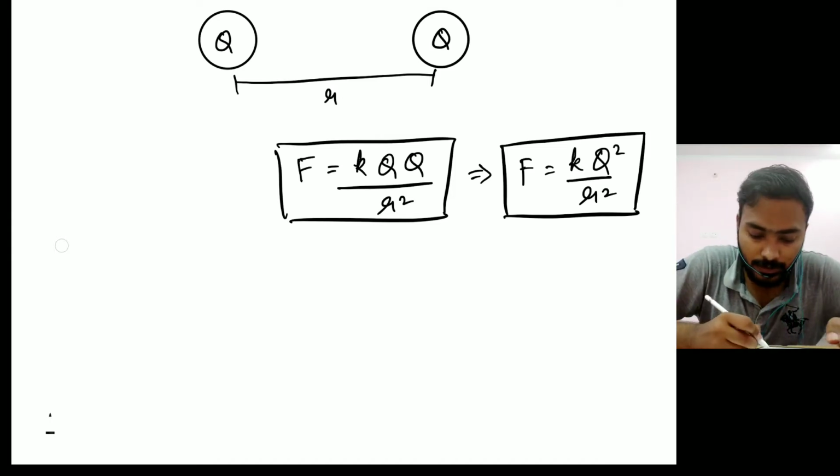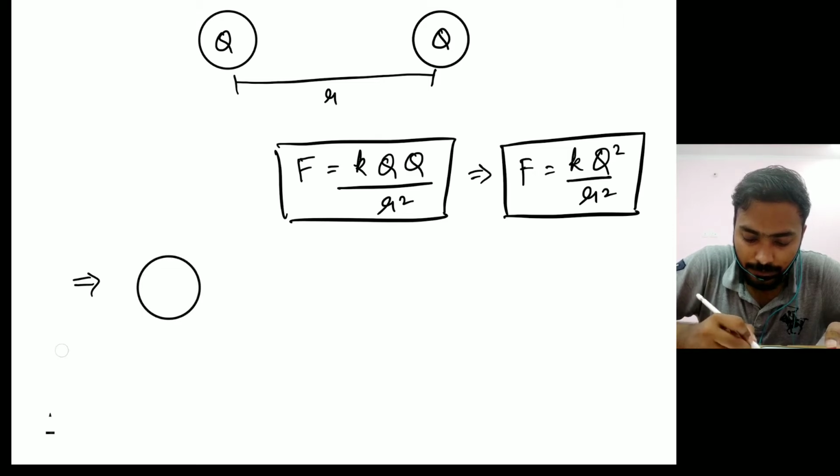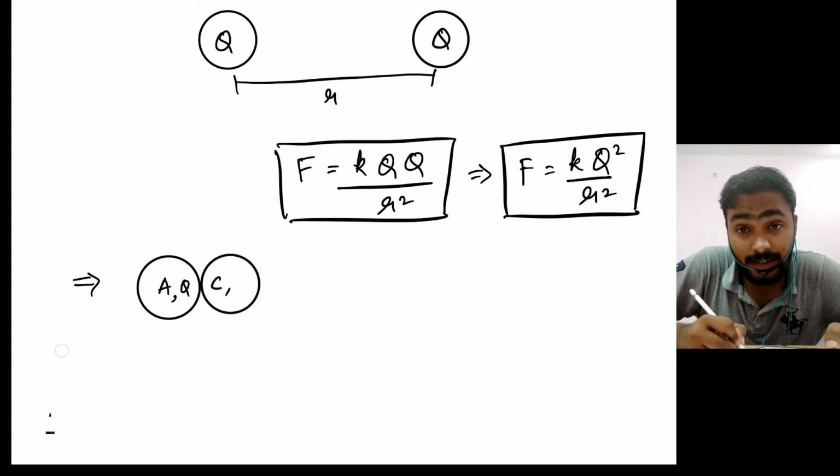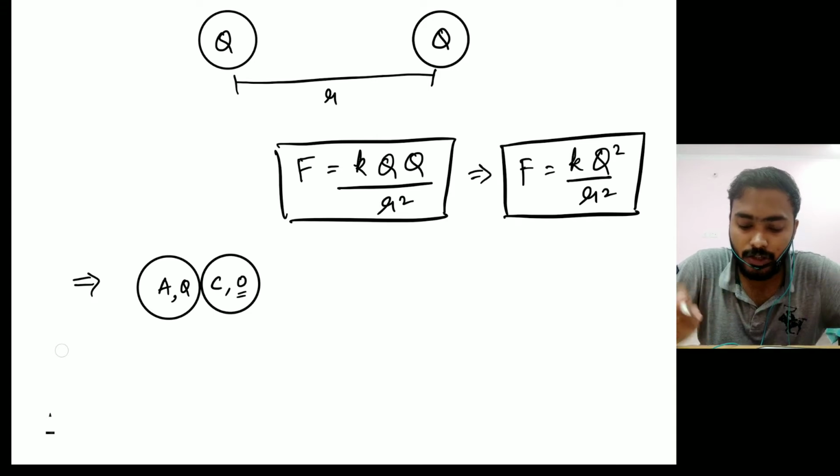So let's do that. Let me draw it. Let's say I have this body A, which had Q charge. Now a neutral body C, which is again identical in size but has charge 0, is touched with A. When it is touched, the charges will divide equally.